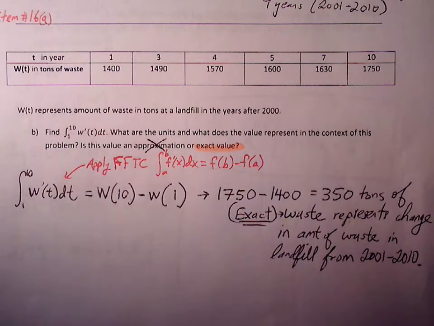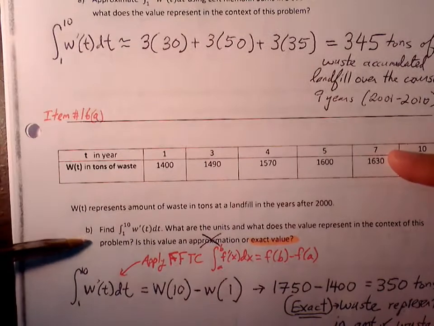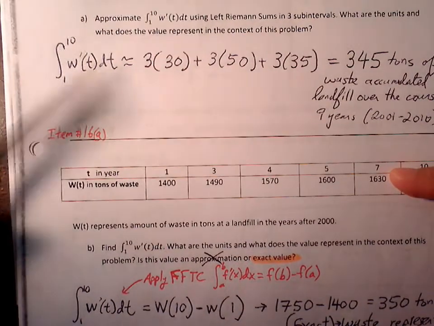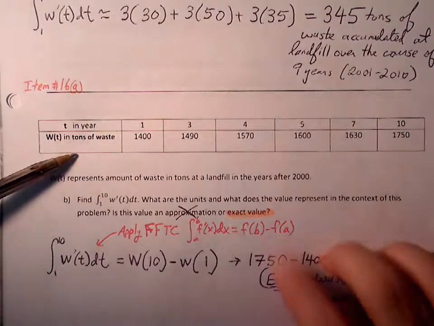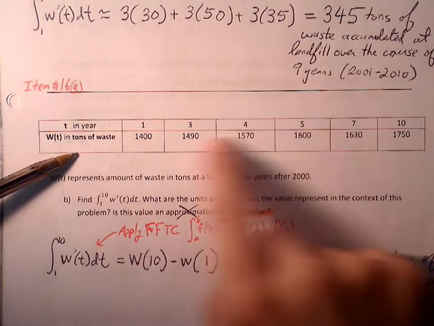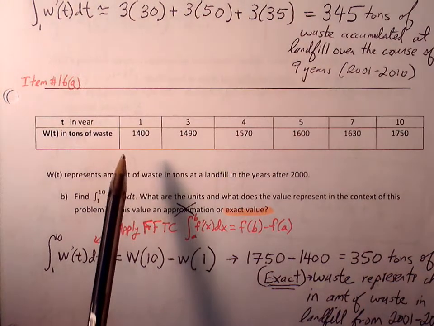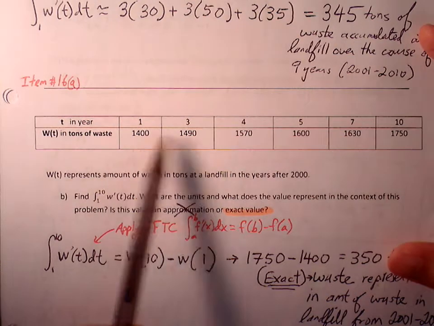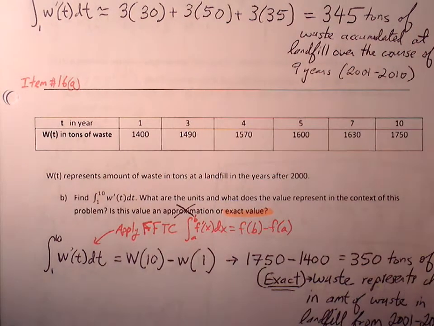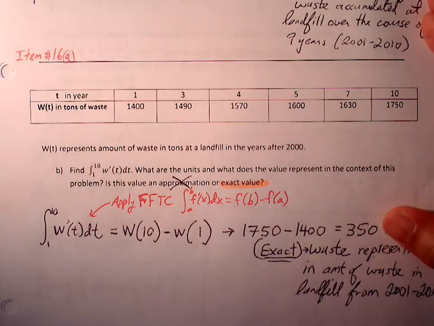So if we also want to find the integral, this problem is also asking you to find the definite integral from 1 to 10 of w prime, but our approach is going to be different because here we don't have to accumulate the rates. We're not going to have to find an approximation because we already have the waste amount in the table.